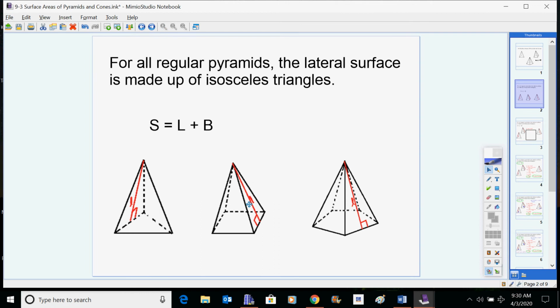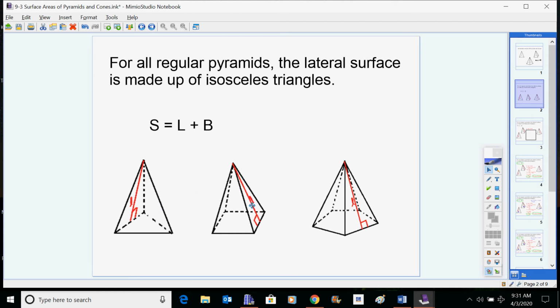So all of the triangles that go around the sides of these pyramids are equal to each other within their same individual pyramid. So when we look up this formula and need to find the lateral surface area, we're thinking in terms of the triangles that go around them.